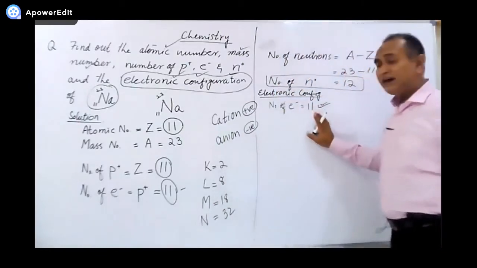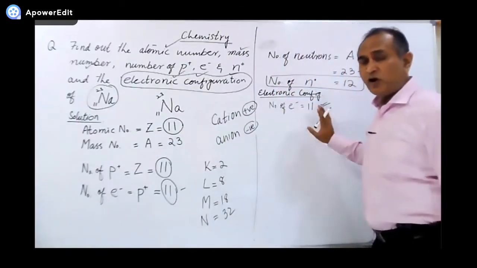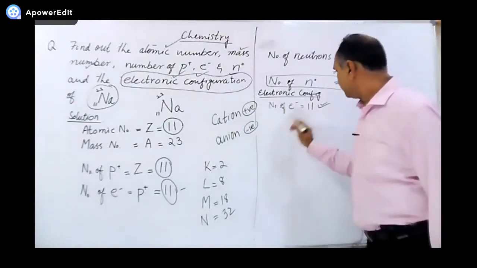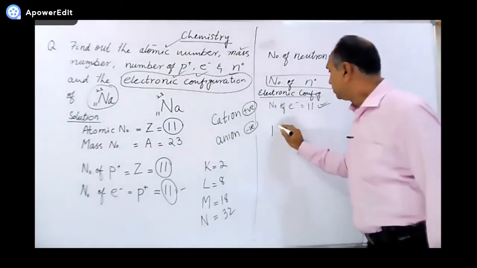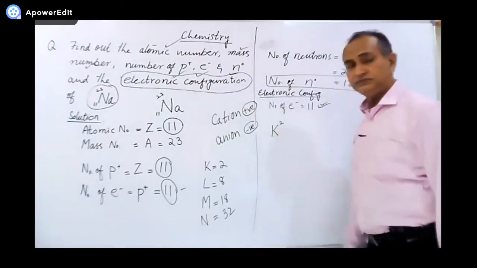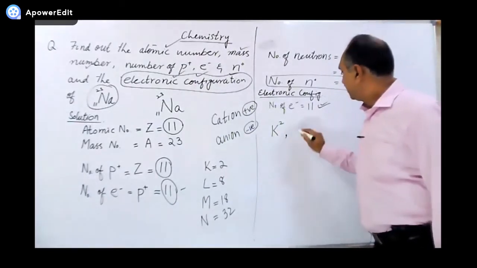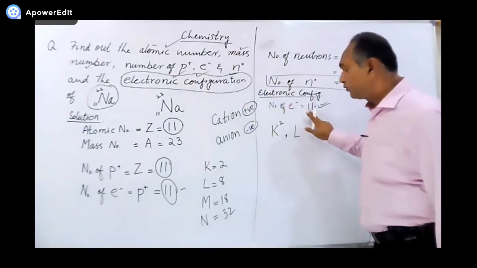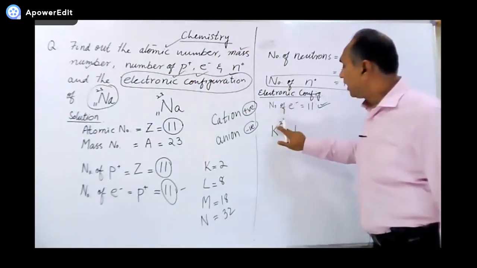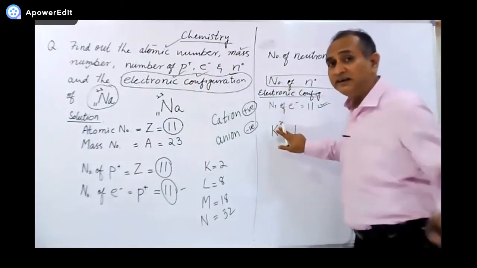Now here we have 11 electrons. So out of 11 electrons, 2 would be in the first one. Now out of 11, 2 are in the first one. How many are left? 9.